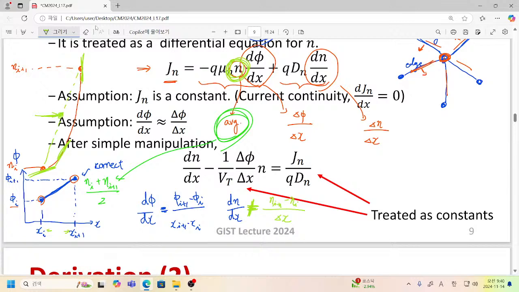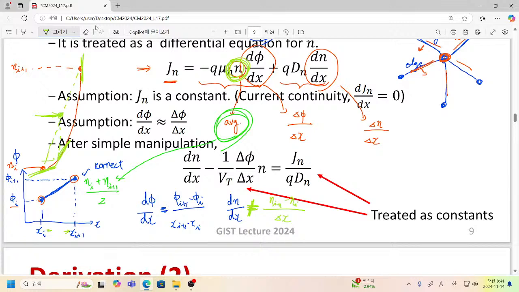The point is, since this involves an exponential increase, if we take the real value at the midpoint, it would be much smaller than the midpoint average value. Of course, this is related to the increase case, but if our electron density is now decreasing, that will make another situation.